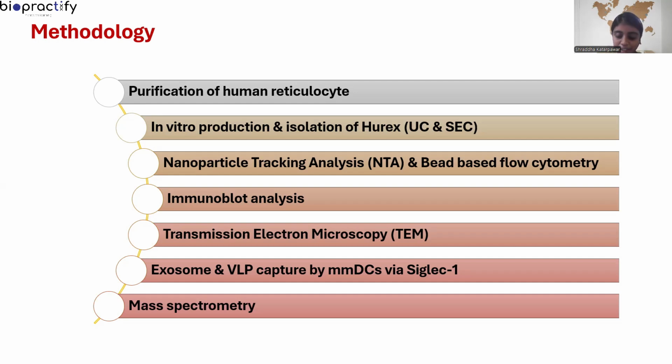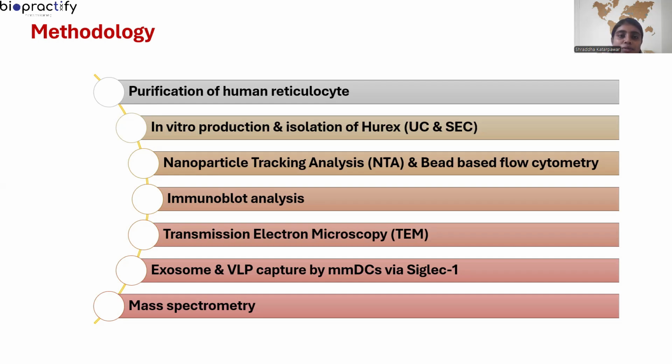Then leukocytes and platelets were removed by filtration through a cellulose column. The reticulocytes are enriched by Percoll solution. Our sample is added to a 70% Percoll solution, and then we centrifuge the sample.